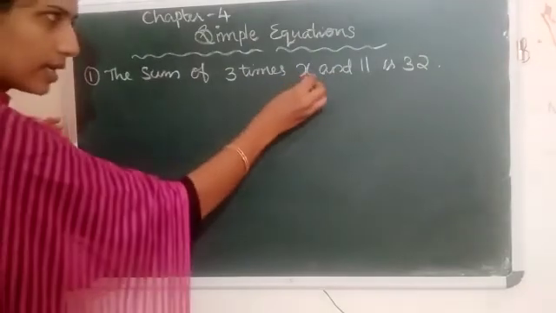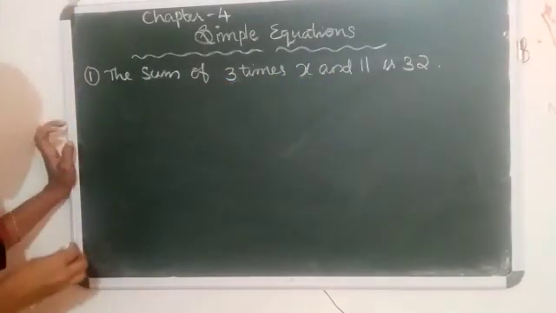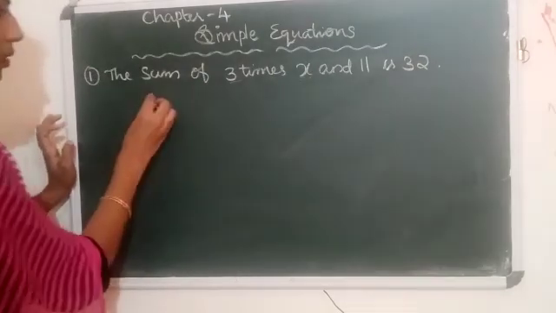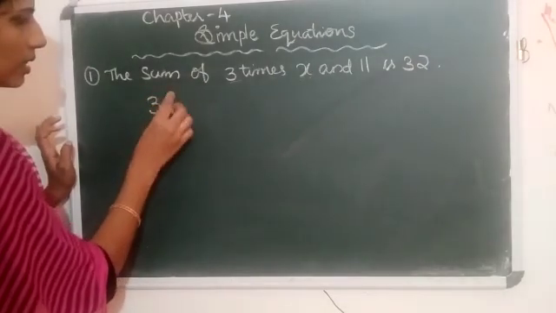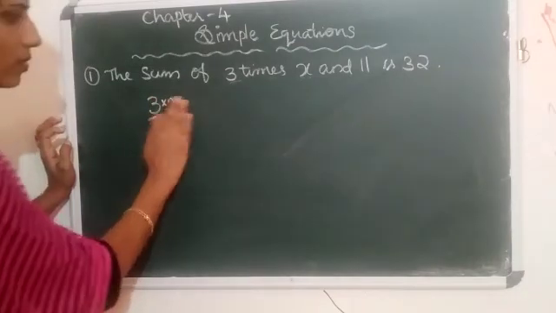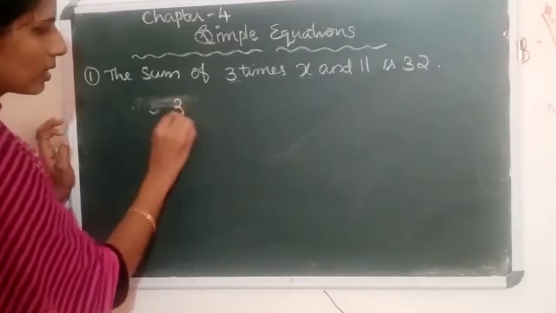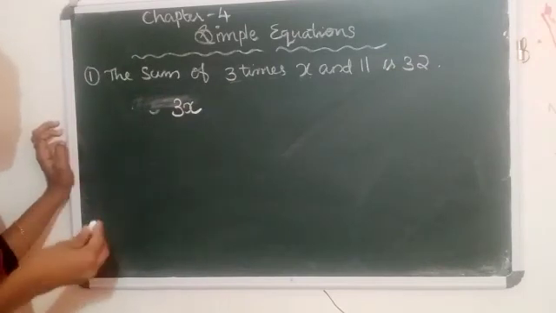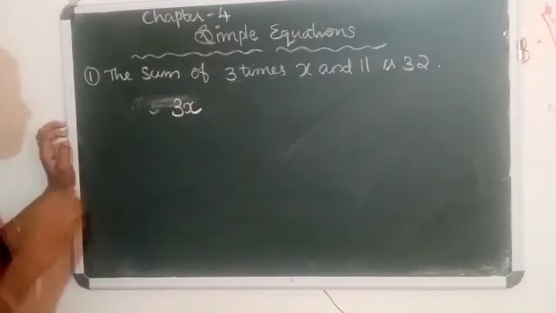What is the meaning of 3 times x? X is multiplied by 3, so we can denote it as 3 into x, which we can write as 3x. 3x and 3 into x are the same.